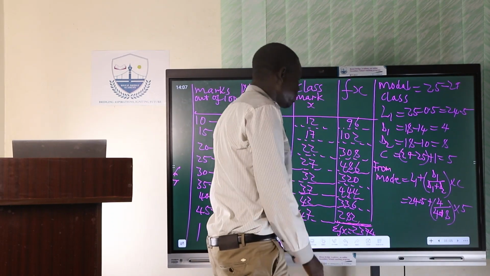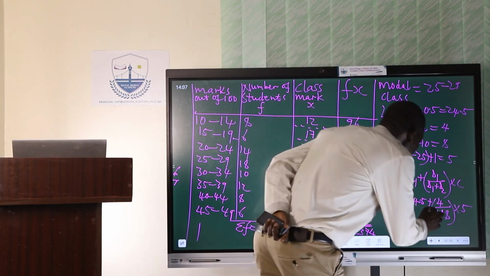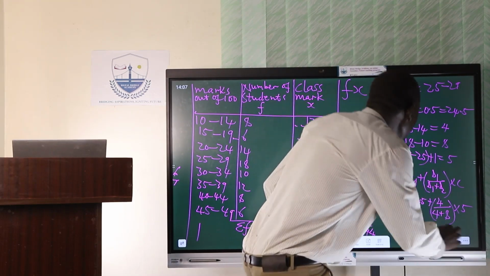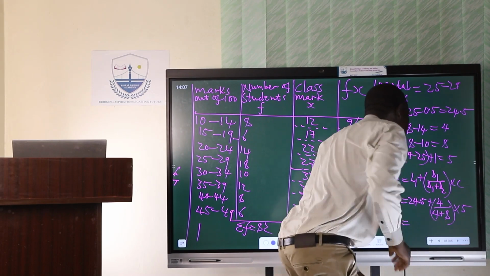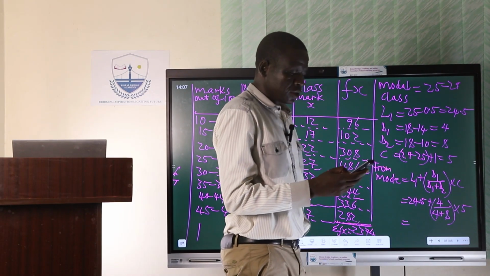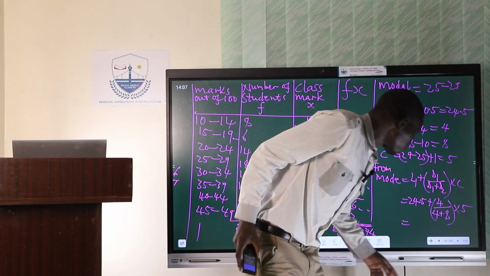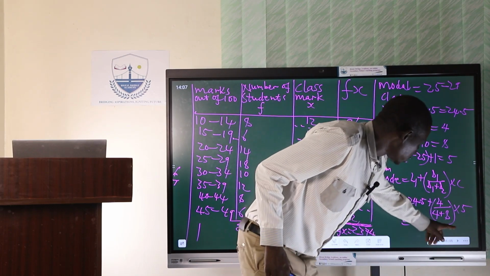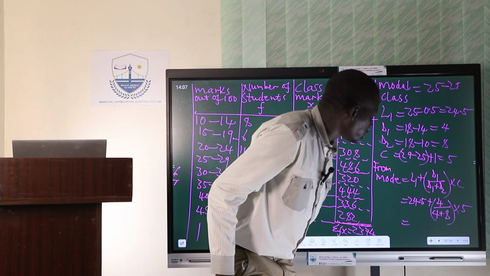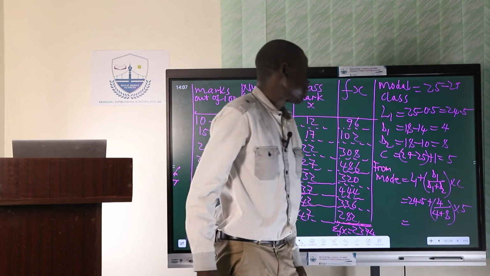Then we compute this. We add 4 to 8, which is 12. 5 times 4 is 20.